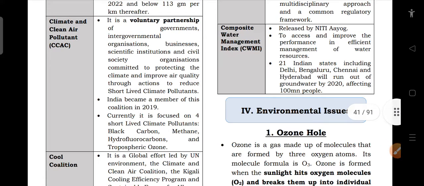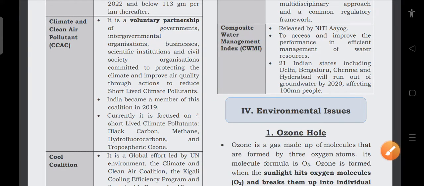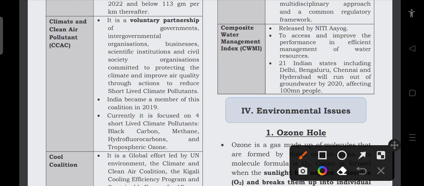Then CCAC is the Climate and Clean Air Coalition, and this is a kind of voluntary partnership of many governments, intergovernmental organizations, even civil society and business people. All these people are committed to protecting the climate and improving the air quality through action to reduce short-lived climate pollutants.